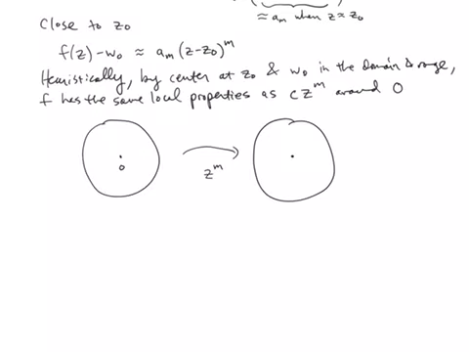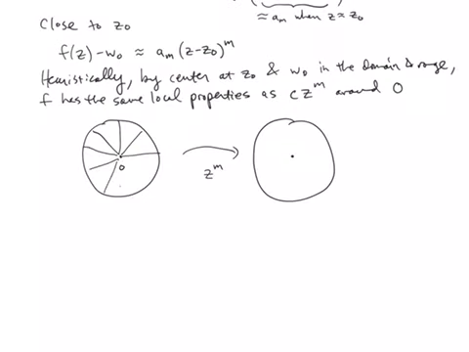And it's also multiplying the angle by m. And so what happens is that it takes this circle on the left and divides it into m congruent pieces.